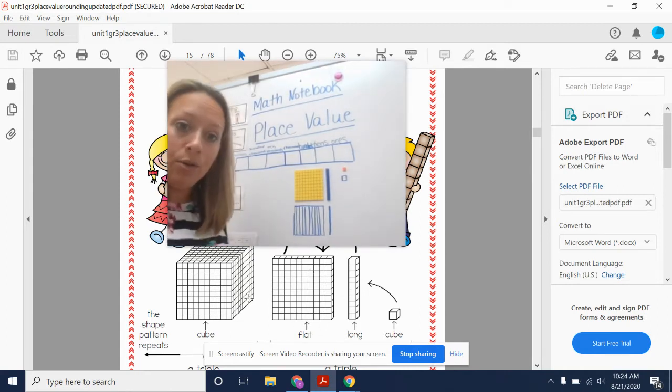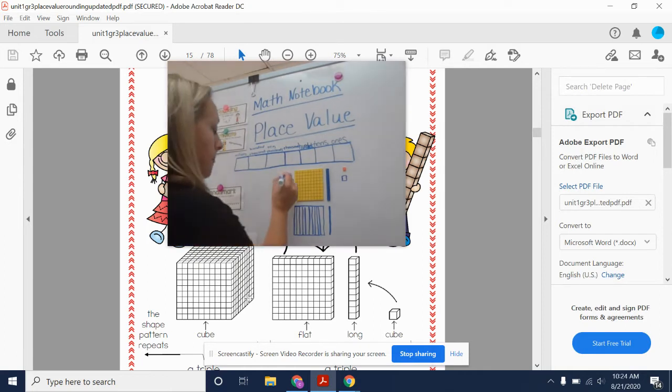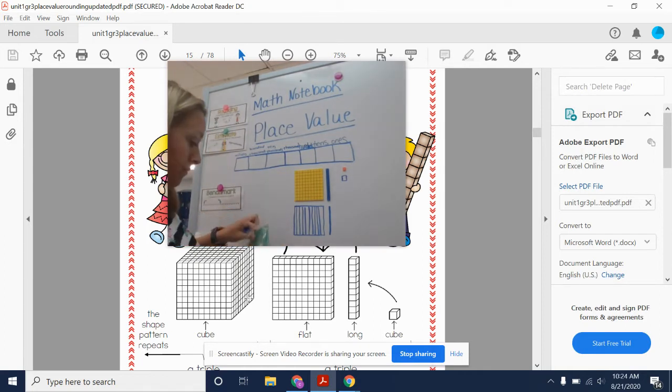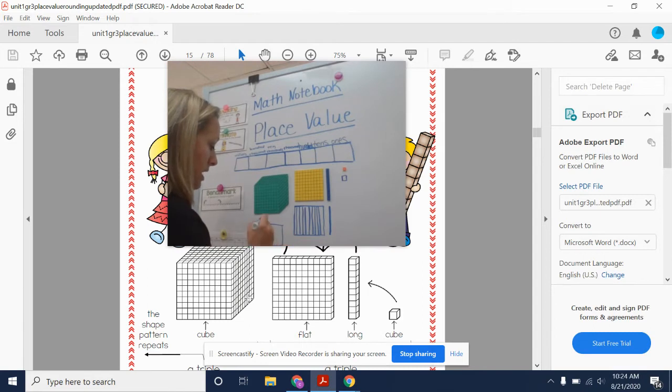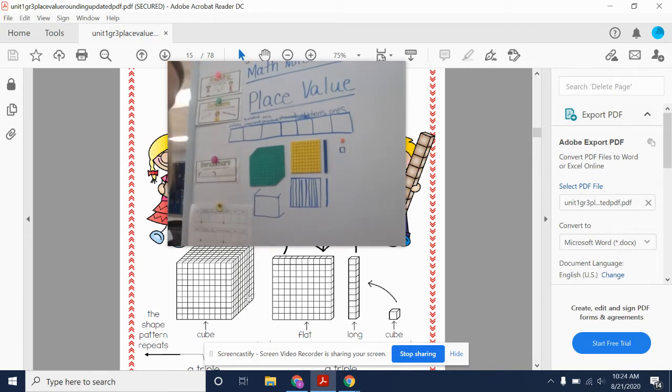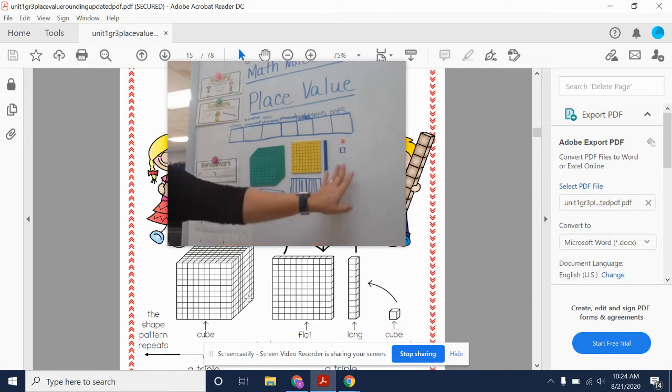And then for your big cube, which represents the thousands, to draw that, I need to draw a box, and then it has these things coming off of it. Okay, just do your best at drawing those. They don't have to be perfect. So when you look back in your notes, I want you to remember that this is 1,000, this is 100, this is a 10, and this is a 1.